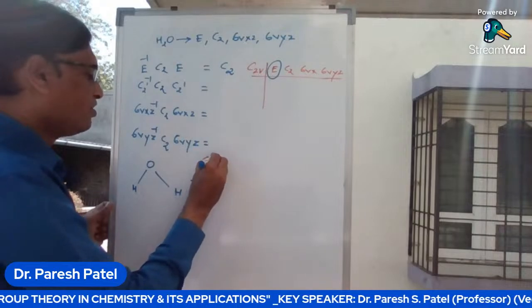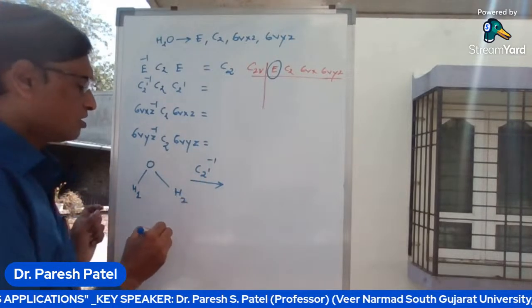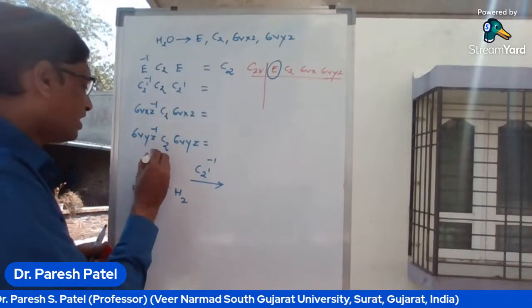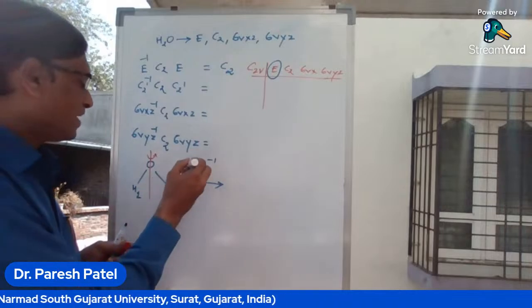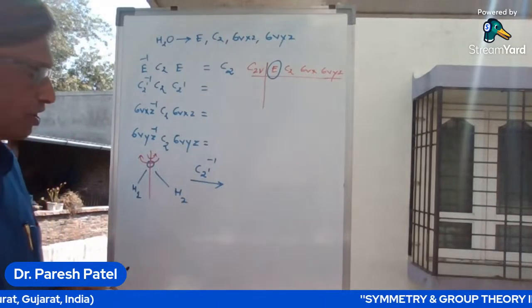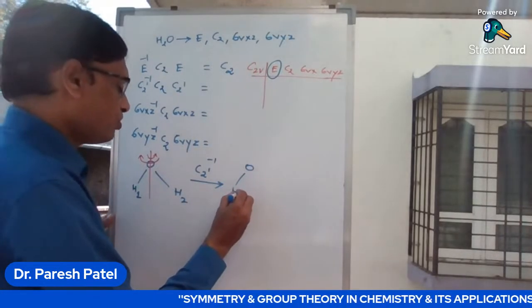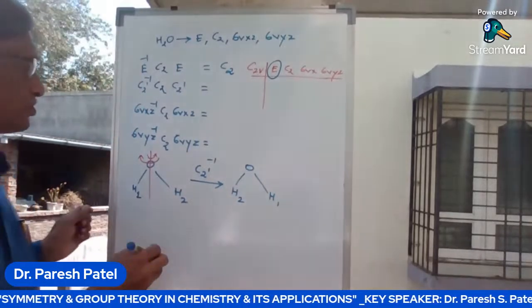C2 1 inverse. Okay, C2 1 means we have to go for the rotation along the main principal axis by 180 degrees, that is clockwise. But for the inverse, we have to go for the anti-clockwise rotation. In the case of the water molecule, the position of the hydrogens will change.